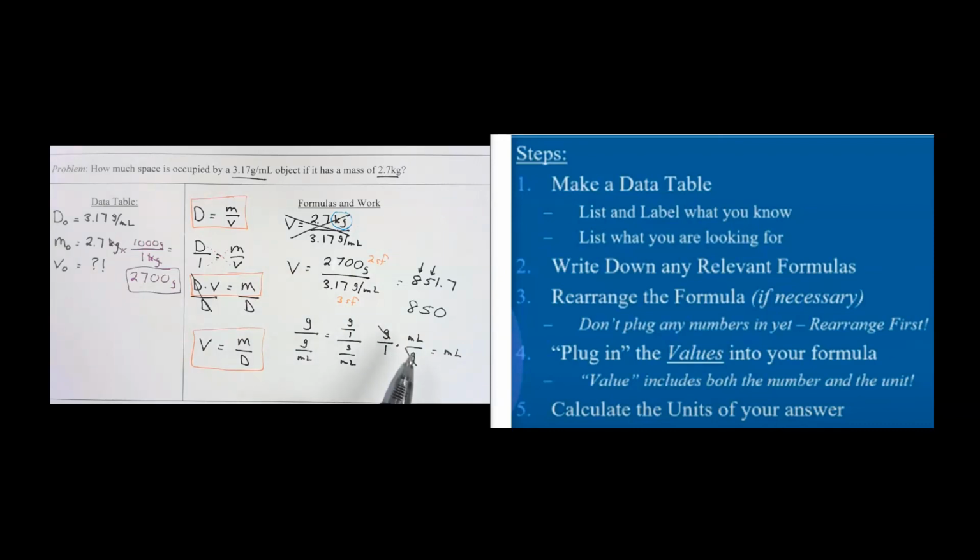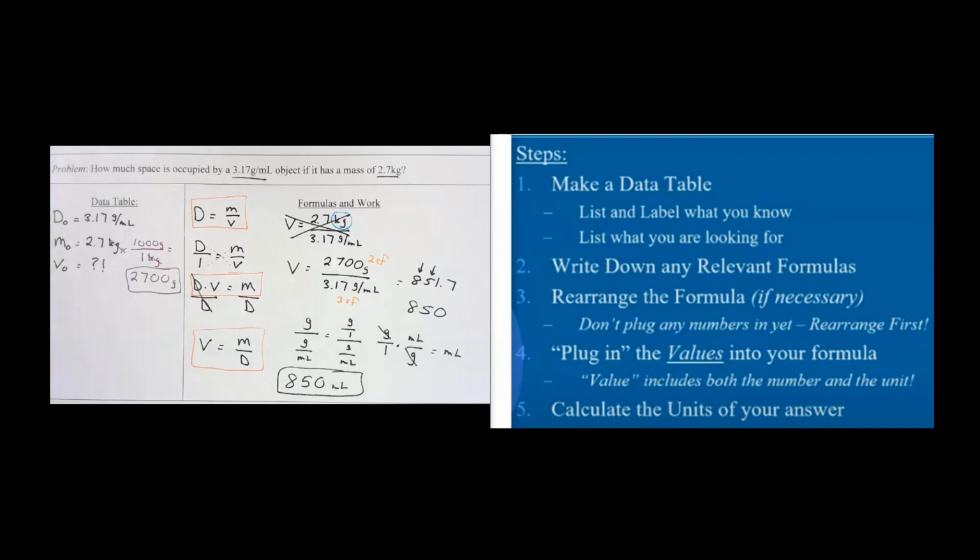You'd still have grams and you'd have kilograms here and grams here. You wouldn't be able to cancel it out like that. So the small details are very important. So let's put the two components together here. All right, 850 milliliters is your answer to this problem.